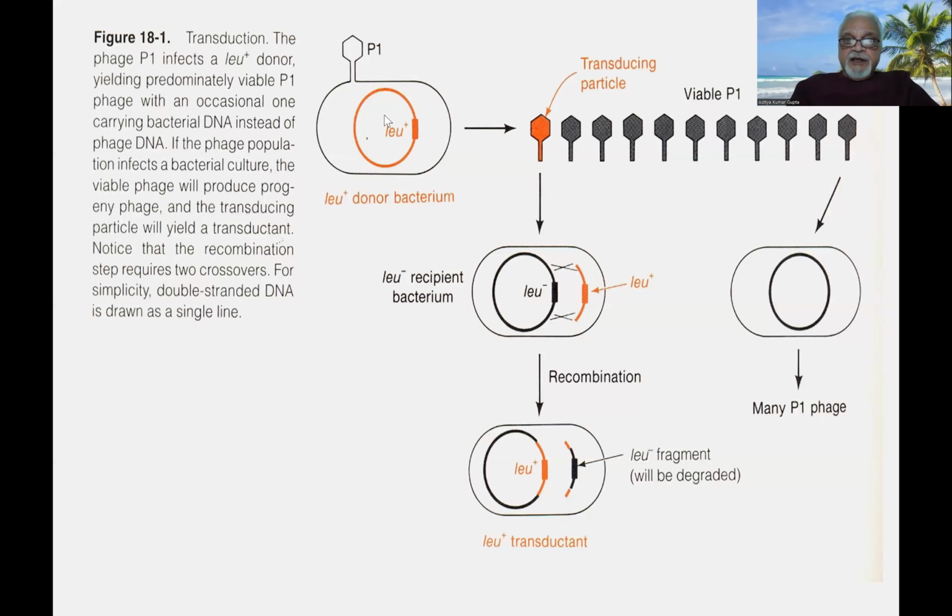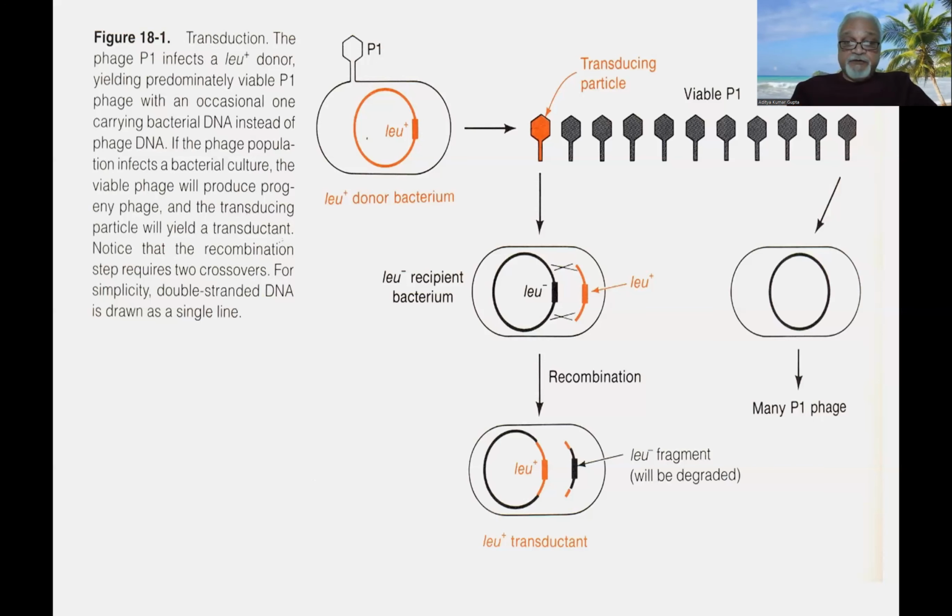And because it is carrying the bacterial DNA, the cell will not have any of the viral genes in it, only the bacterial DNA is packaged. So no harm is done because there are no viral genes involved here. And then the recombination takes place, and one can look for the transductants on selection.